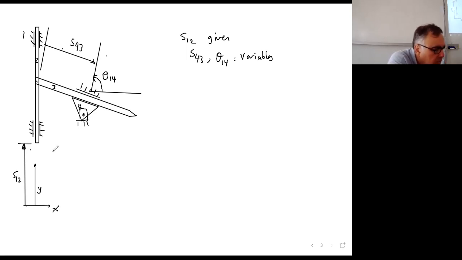Just a second. What's the S12? What's the baseline? The baseline is the bottom point of this link 2.